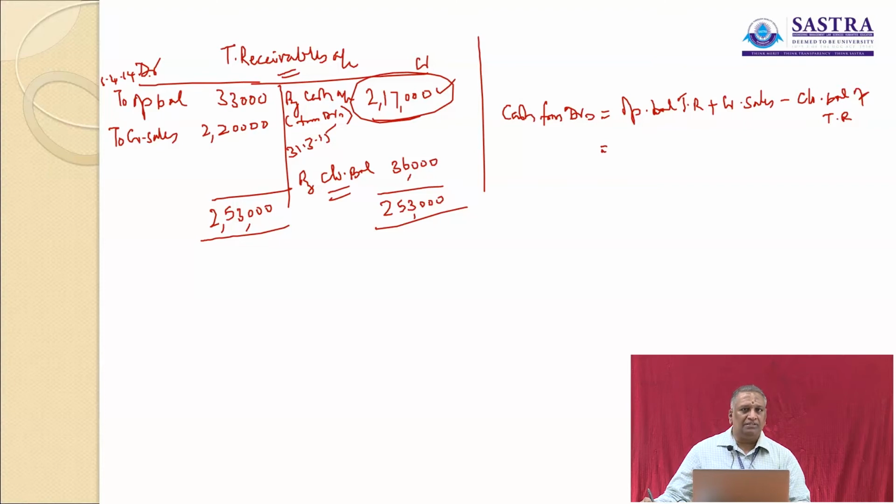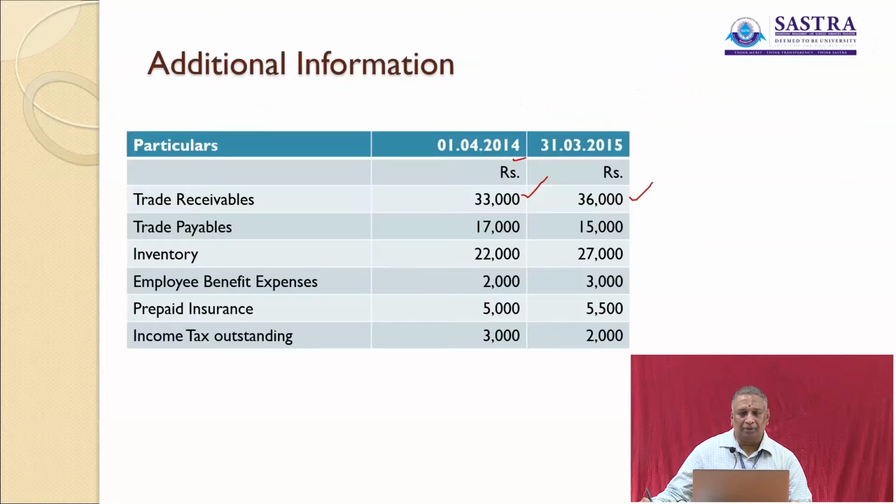In case of the segregation given in the question, some part can be debtors, some part of debtors may be based on bills. So in that case, bills receivable and debtors may be segregated and given in the question itself. In that case, you have to combine both the amounts. Suppose 28,000 is your debtors and 5,000 is your receivables. Totally, you can take 33,000 as the opening balance.